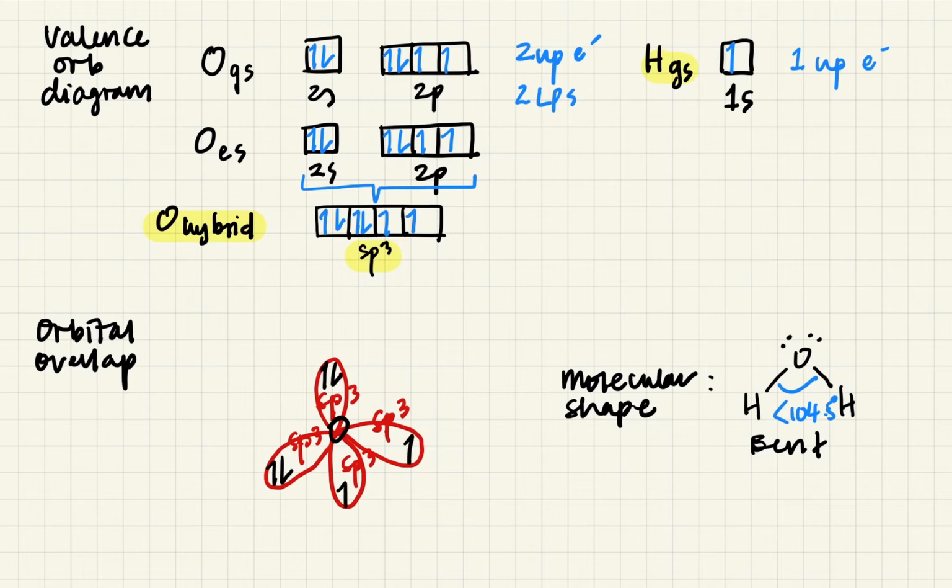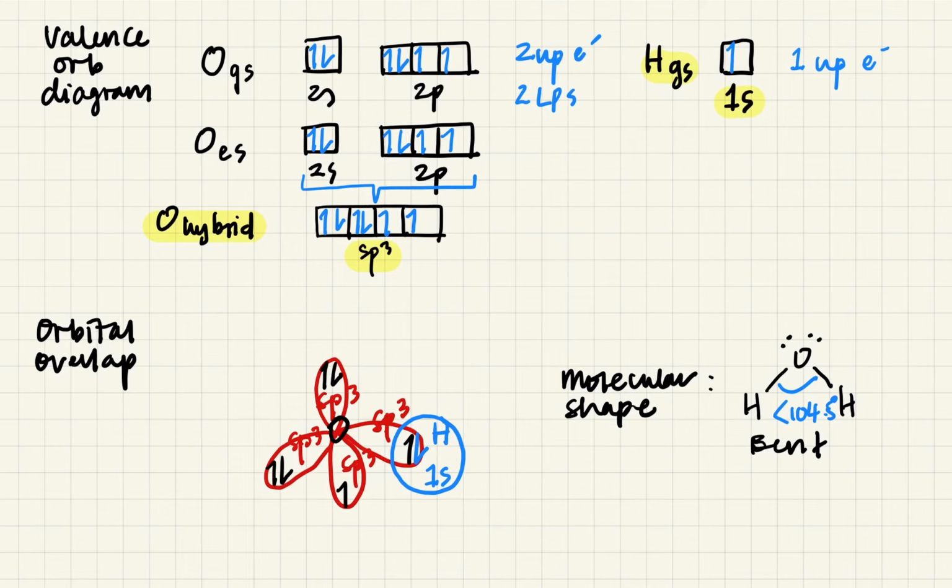Okay? Alright. So now we're going to look at our 1s orbital. So 1s orbital of hydrogen. So I'm going to use what color? Biru. So the 1s orbital is spherical in shape. So draw the orbital and label the atom and the name of your orbital. And fill in your electron.